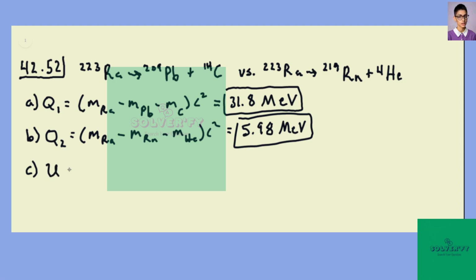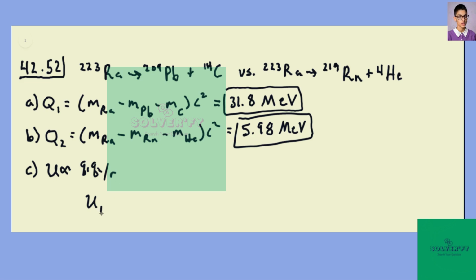So we know that the potential energy is proportional to the charges divided by the distance between them. And so what we can do here, this is 2, so this one is 1.